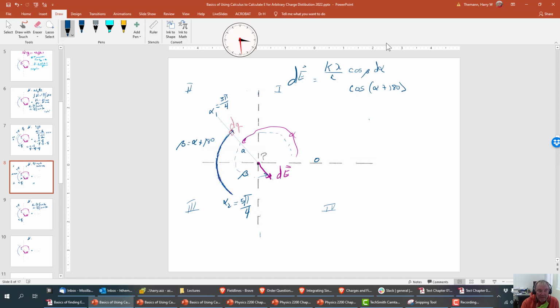So, I may end up having to delete this, but let's try it. E of x is going to equal k lambda over a times the minus of cosine of alpha d alpha.